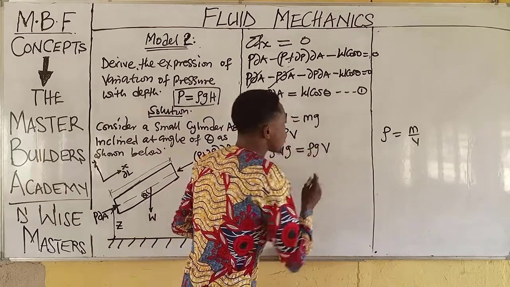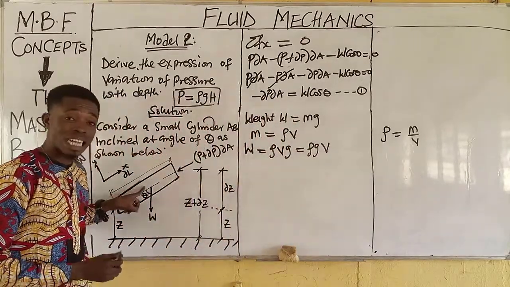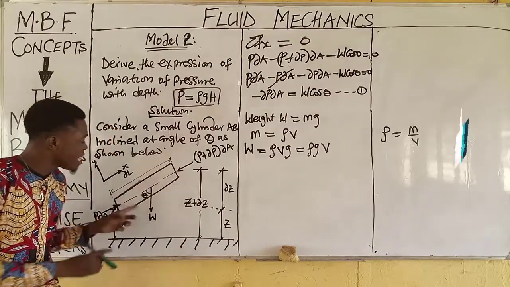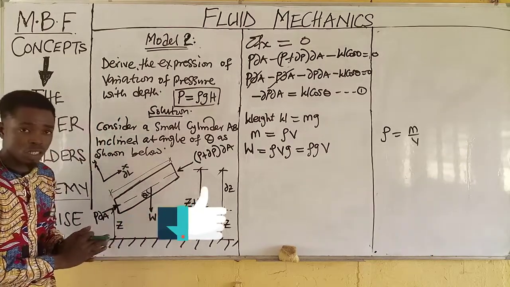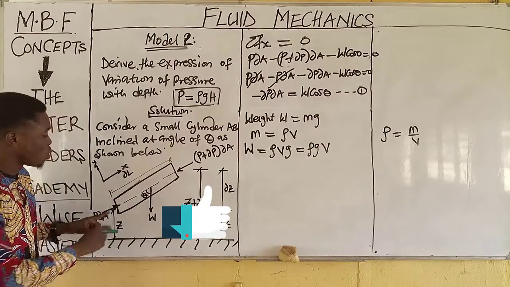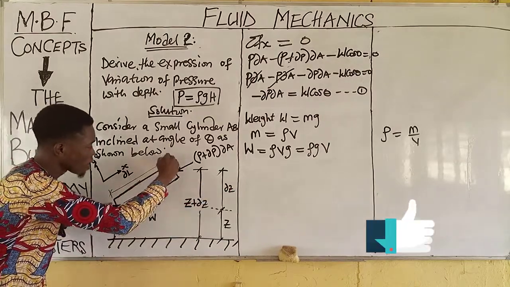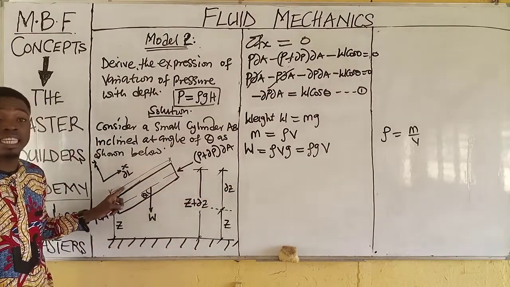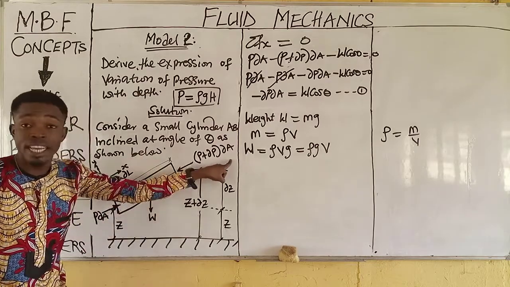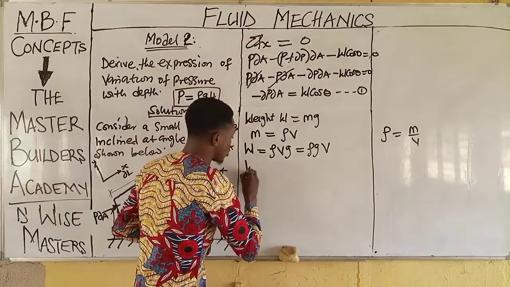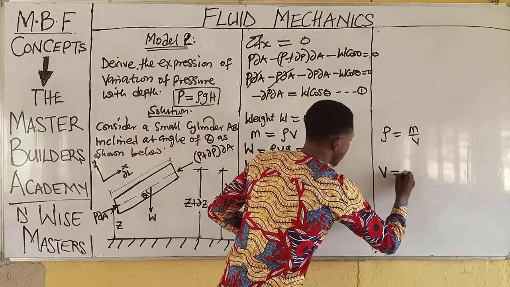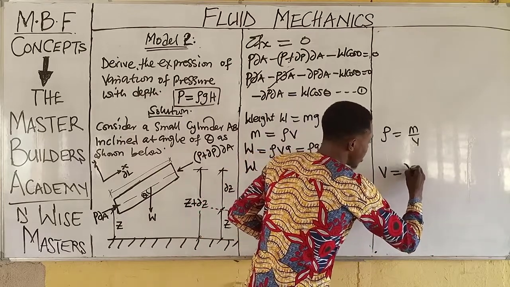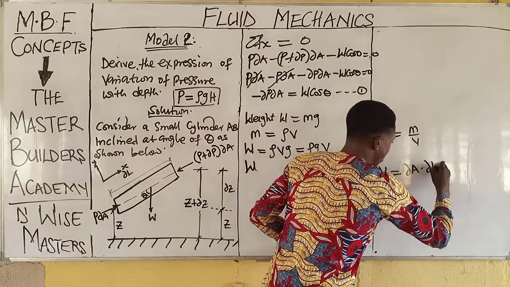Now we know that this section is an elemental section. What will be the volume of this elemental section? Length multiplied by the area, where the length is L and the area is A. So V is equal to change in area multiplied by change in length.